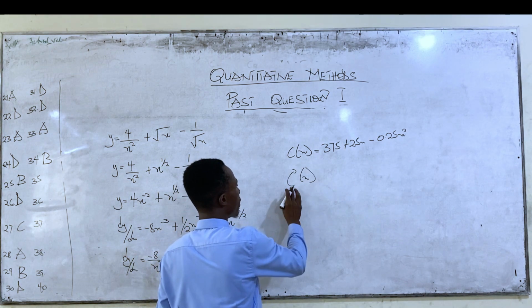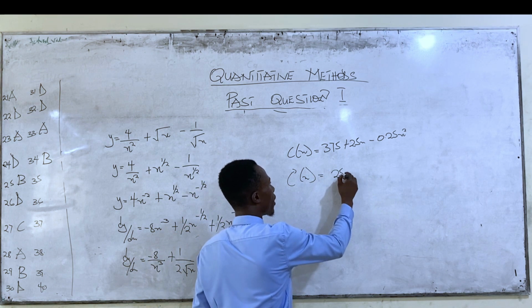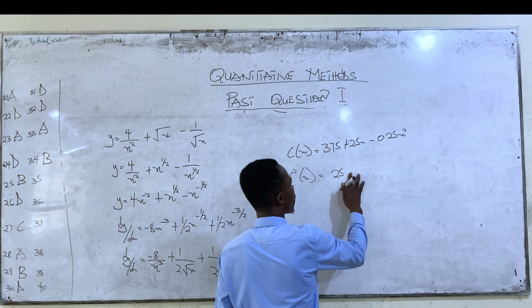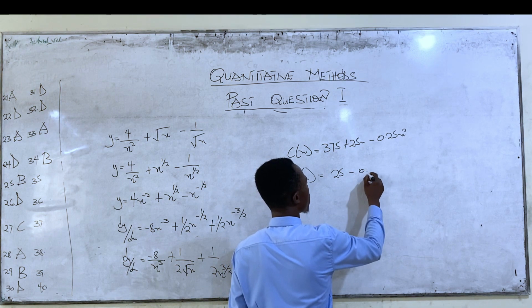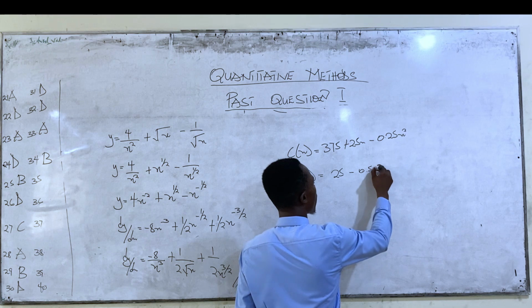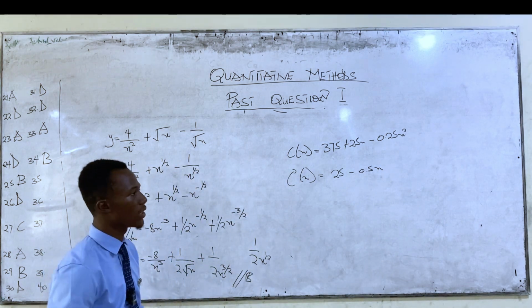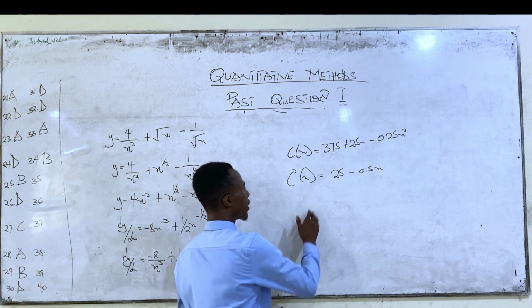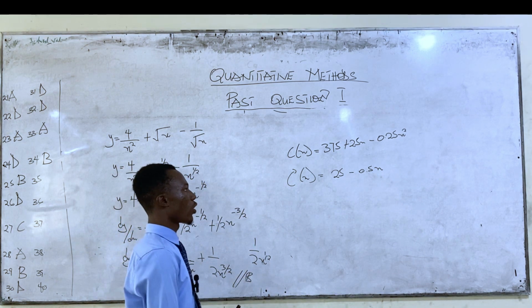So your c prime of x is equal to, this is 0, you have 25 minus 0.5x. Yes, you are going to get something like this when you differentiate it. Okay, so when you differentiate it like this, let's look at it. What is going to be the cost?